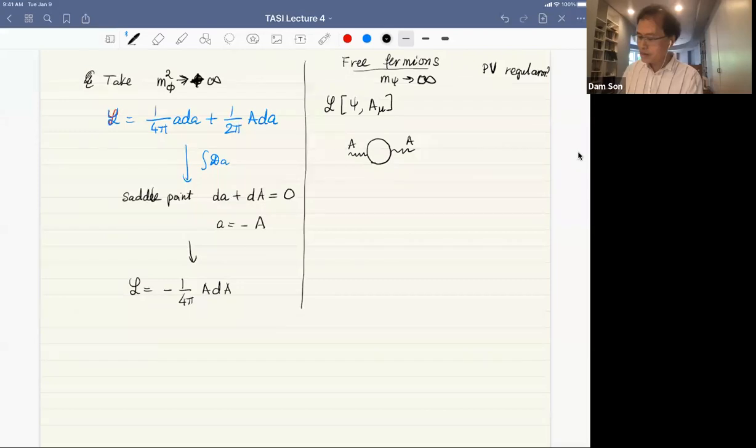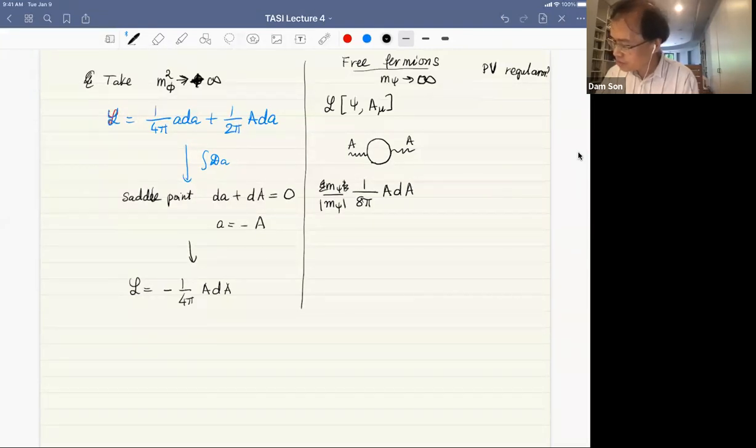And what we find is that this diagram is giving us 1/8 pi times AdA, with some coefficient dependent on the sign of the mass of the fermionic field.